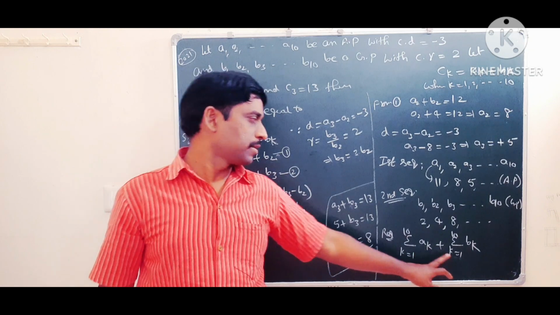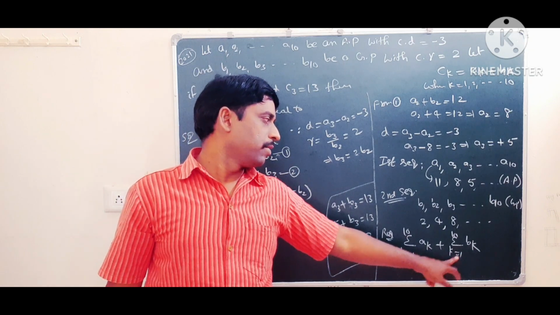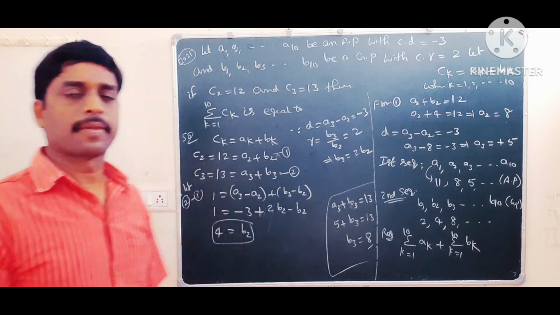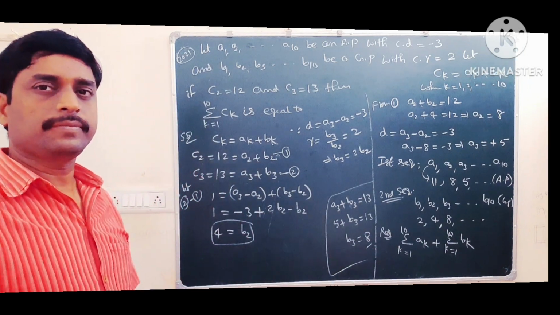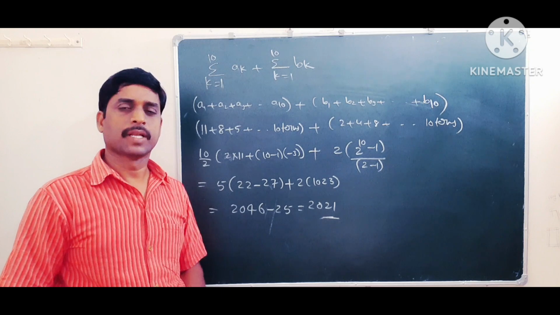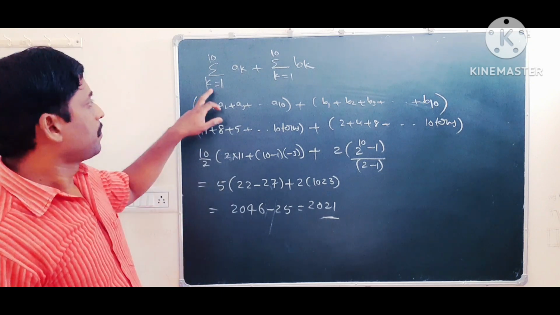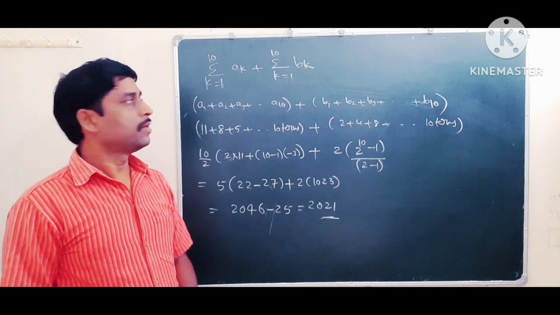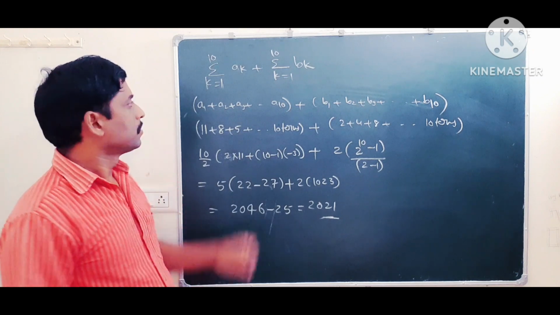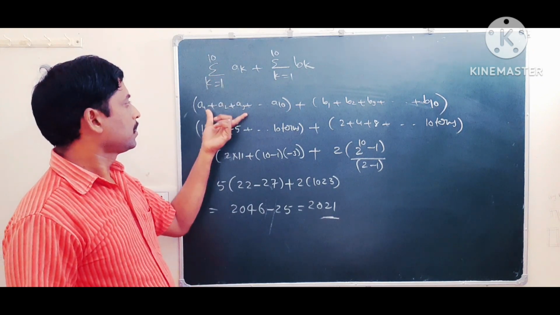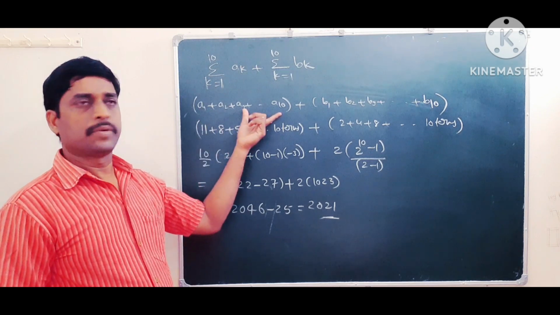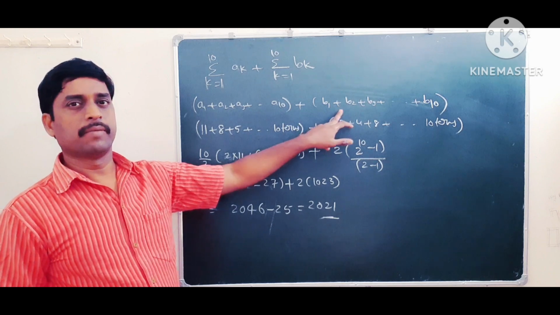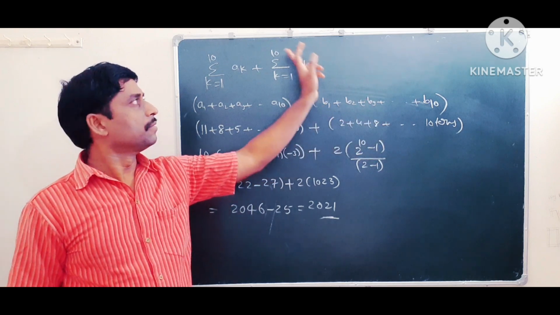So summation k is equal to 1 to 10 Ak plus summation k is equal to 1 to 10 Bk. So the sum of the first sequence is A1 plus A2 plus A3 up to A10, and the sum of the second sequence is B1 plus B2 plus B3 up to B10.